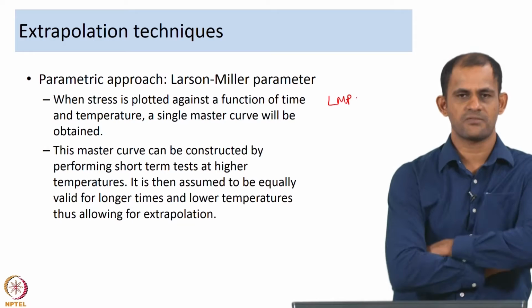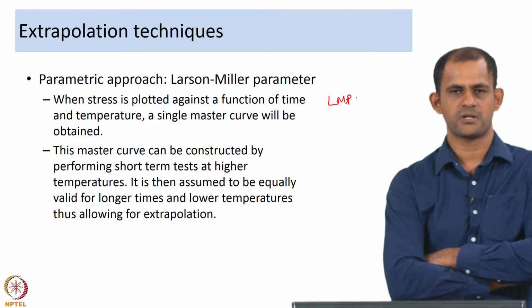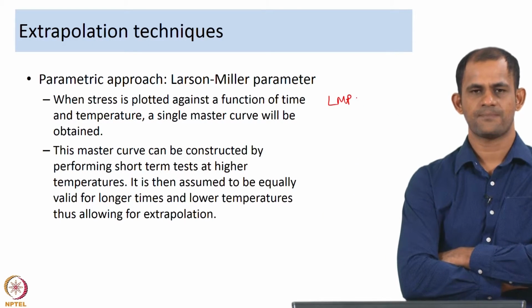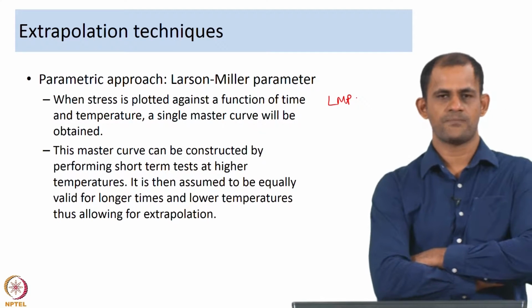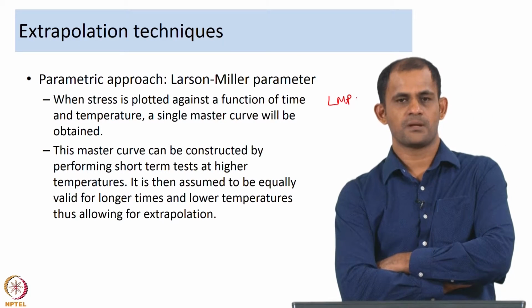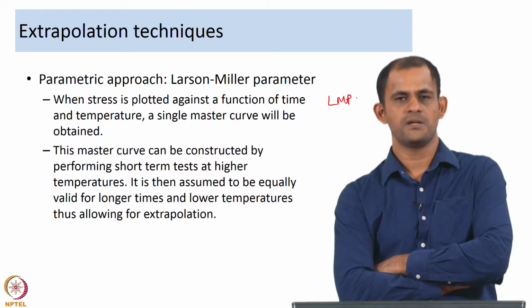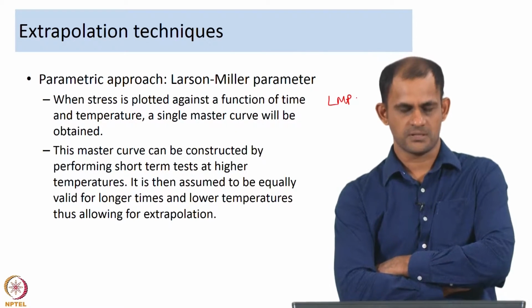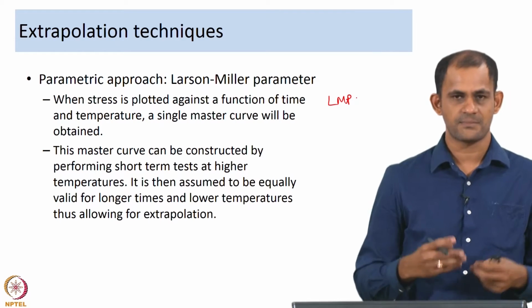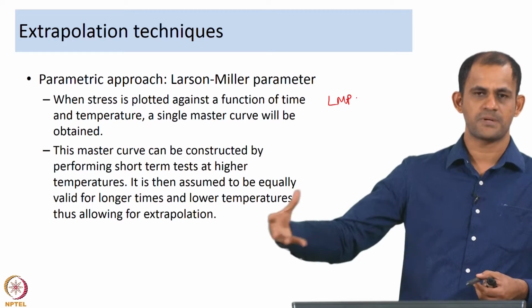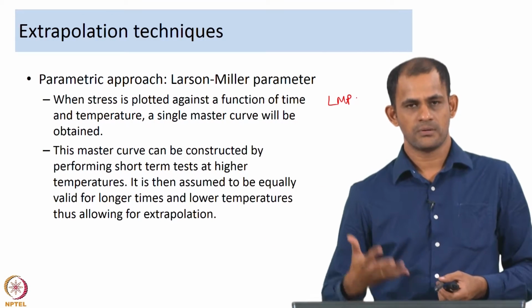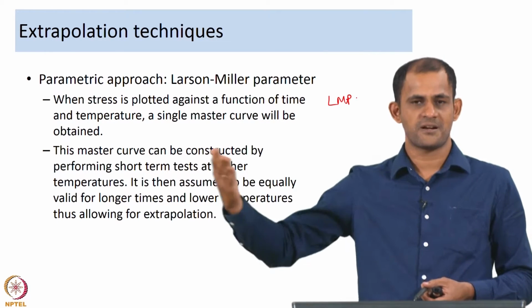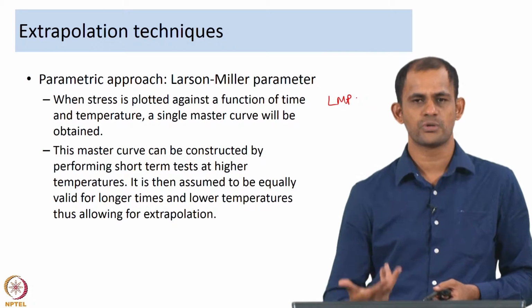Now, how do you construct this master curve? Well, this master curve can be constructed by performing short term tests at higher temperatures, and then what is assumed is that the performance is going to be consistent even at longer times and lower temperatures. So, you quickly generate some data by carrying out short term tests at higher temperatures. Now, when you test a material at higher temperatures, obviously the material is going to creep faster.